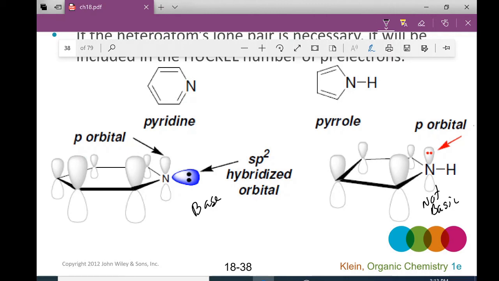Because it's within the pi system, it's tied up with aromaticity, it's not going to act as a base. Whereas in pyridine, the lone pair is perpendicular to the pi system. If it picks up a hydrogen, it's not going to affect the aromaticity at all.